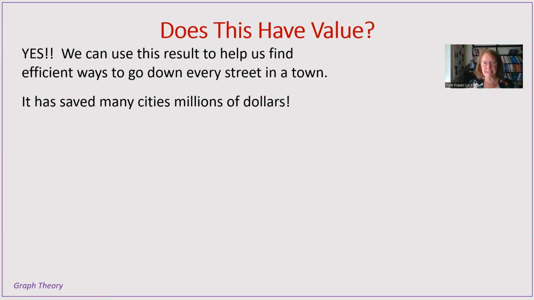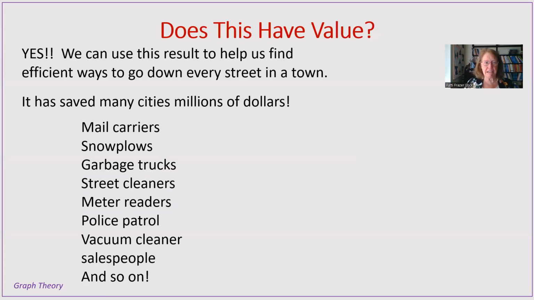And in fact, this idea of using even odd intersections has saved the cities that have used it millions of dollars. It's quite remarkable. So when you think about who might want to walk down every street in the most efficient way possible, or drive down every street in the most efficient way possible, you've got mail carriers and snowplows and garbage trucks and street cleaners and meter readers and police patrol and maybe vacuum cleaner salespeople or others that I haven't thought of.